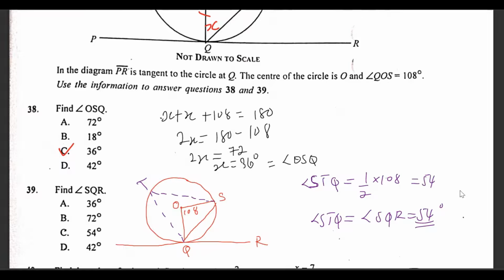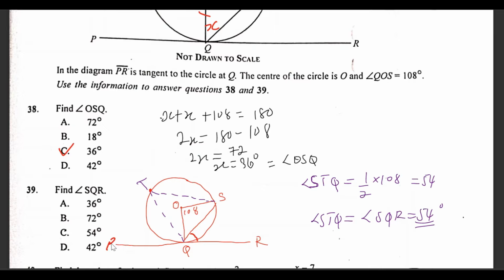Now, we are to find angle SQR. This angle. Right? So, we are going to subtend an imaginary angle at a point on the circumference, let's say T, from this chord. Now, the question says that PR is a tangent.